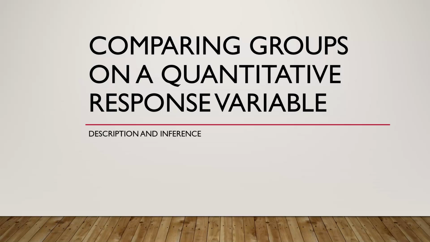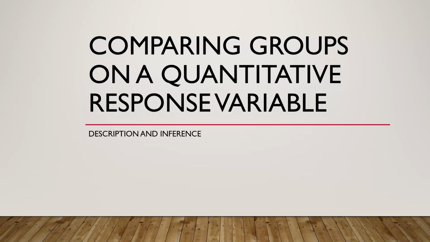When you compared two groups on a quantitative response variable, looking, for instance, at side-by-side box plots, getting descriptive statistics for each of the groups and comparing statistics, especially the means, and then inferentially doing the two-sample t-test, that was all looking at a quantitative response variable and a single grouping variable in which you had two groups.